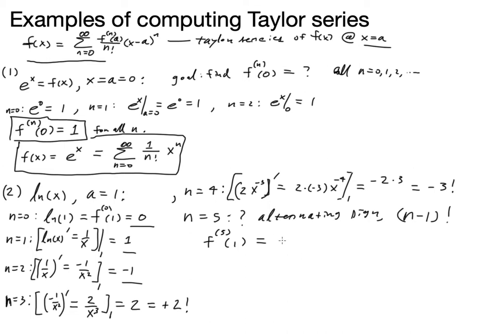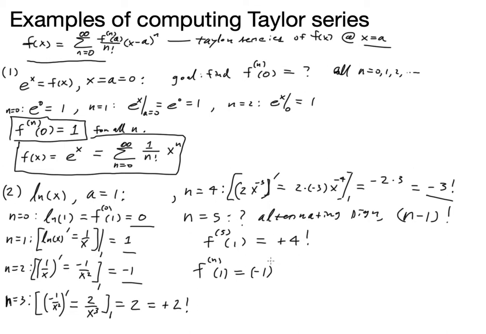I think we have it here. If n equals 4 was negative 3 factorial, I bet it's going to be positive 4 factorial. And of course, f to the n, evaluated at 1, is going to have a negative 1 to a power. That gives us our alternating sign. We have to figure out where our sign is going to start.